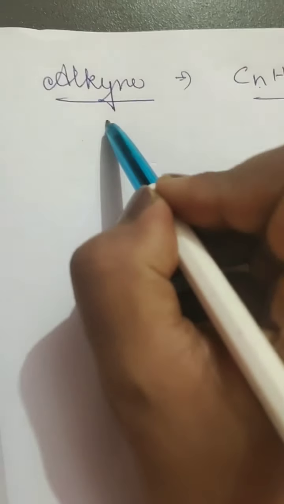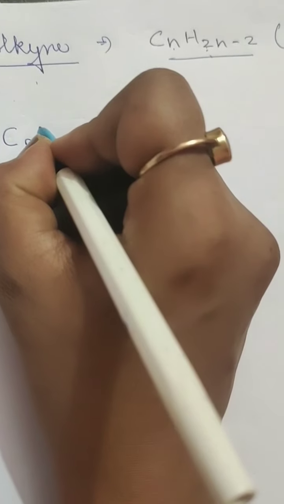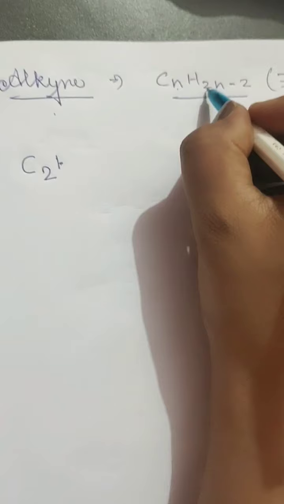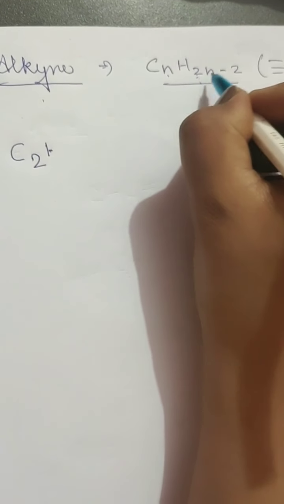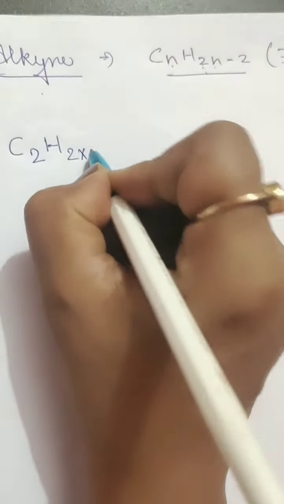So for alkyne, if carbon is 2, how much will H be? C is 2, H is 2 into n equals 4 minus 2. So it will be 2 into 2 and minus 2.